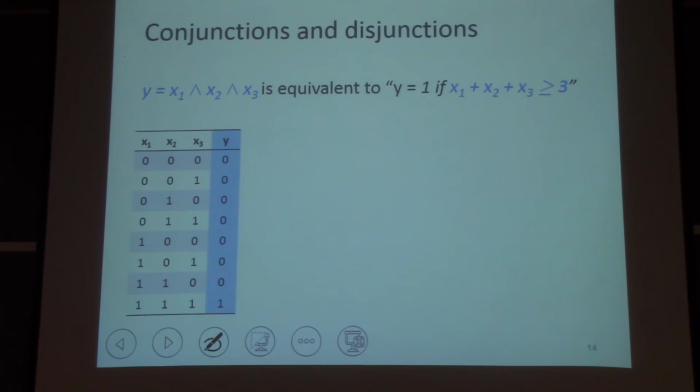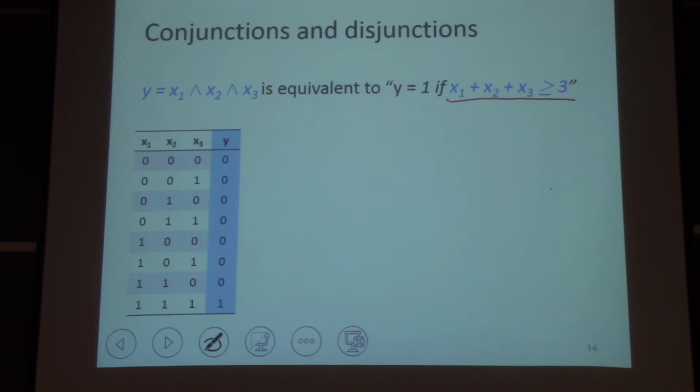Conjunctions. Think of a function that's a conjunction of three booleans, x1 and x2 and x3. I'm going to claim that this is equivalent to the linear threshold unit, that's this one, x1 plus x2 plus x3 is greater than or equal to 3.